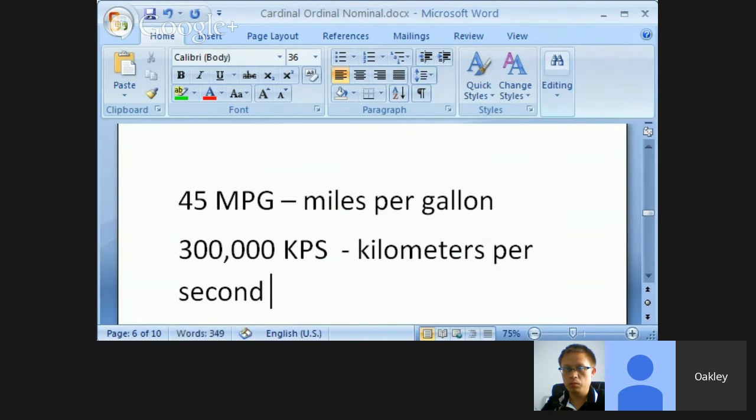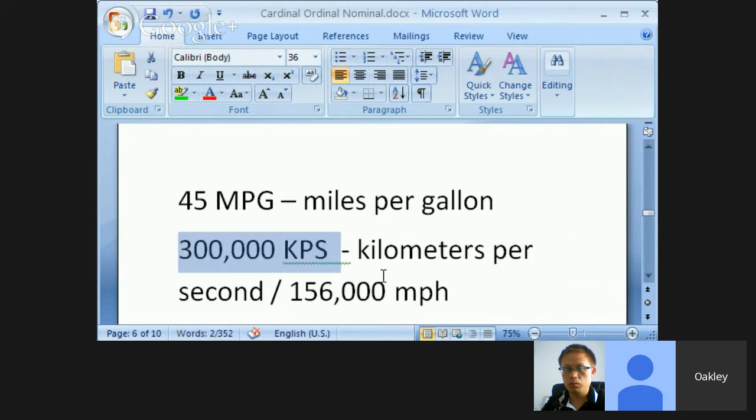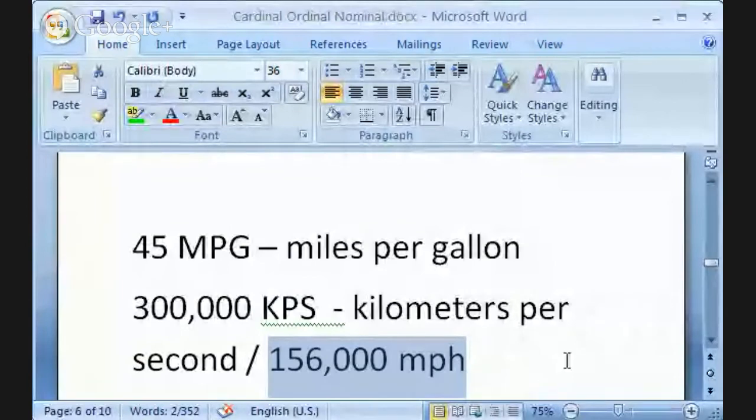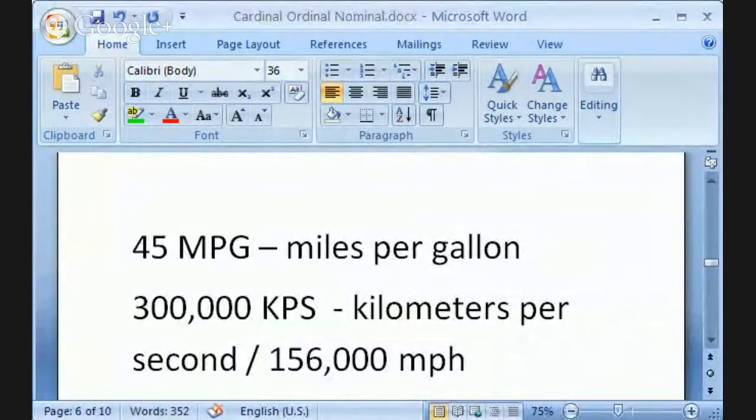Another way to look at this, we could also say 156,000 mph, miles per hour. What do those things equal, Tatiana? Do you know? What travels this fast? 300,000 kilometers per second or 156,000 miles per hour? Do you know what that represents?